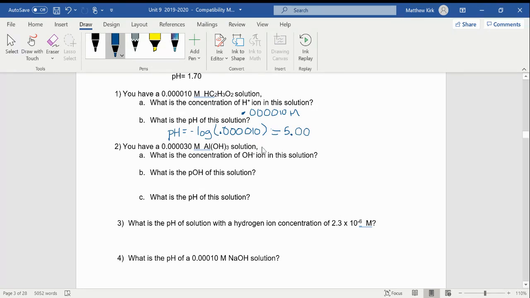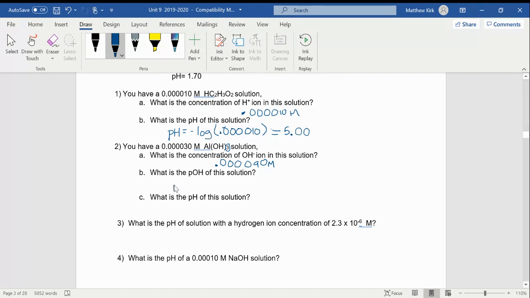So to get the concentration of OH minus, we got to multiply by 3. So 3 times 0.000030 would be 0.000090 molar. Again, we multiply that concentration by 3.